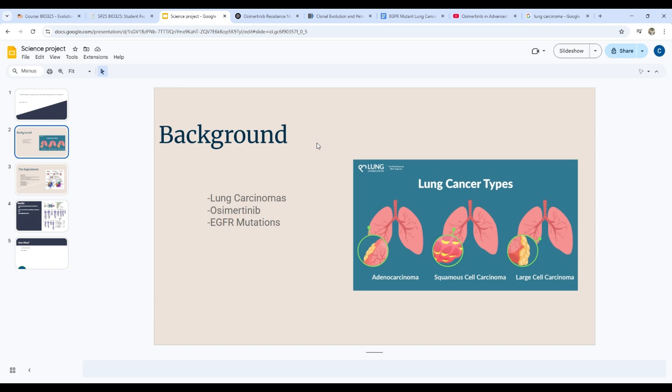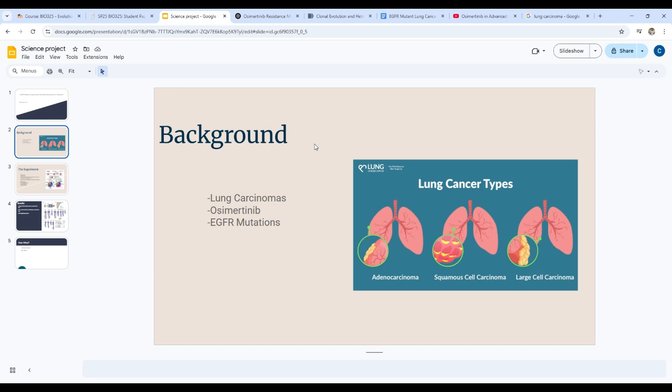EGFR is the epidermal growth factor receptor, and osimertinib is a TKI, a tyrosine kinase inhibitor, which inhibits it, basically inhibiting uncontrolled cell growth. So this is a pivotal study because we're looking at the resistance and looking into future treatment options, which we'll talk about later.